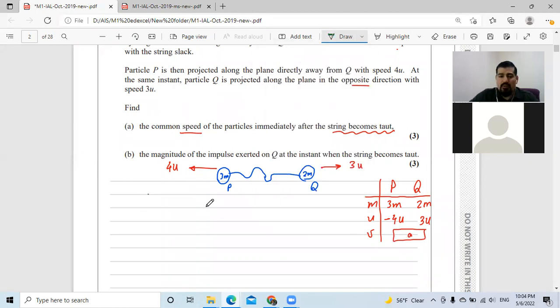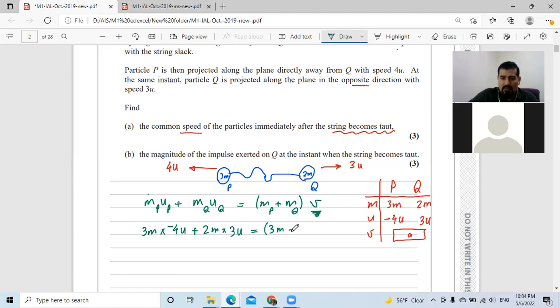We are going to use the formula that total momentum before equals total momentum after. So m1u1 plus m2u2 for P and for Q is equal to (m1 plus m2)v, because they become one body, and they ask about this v. Let's substitute the values: 3m multiplied by negative 4u plus 2m multiplied by 3u is equal to (3m plus 2m) multiplied by v, which we want to find.